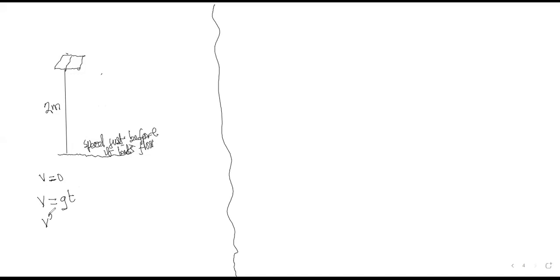V squared equals 2gh. And h equals half gt squared. These are the equations to use in solving this problem.